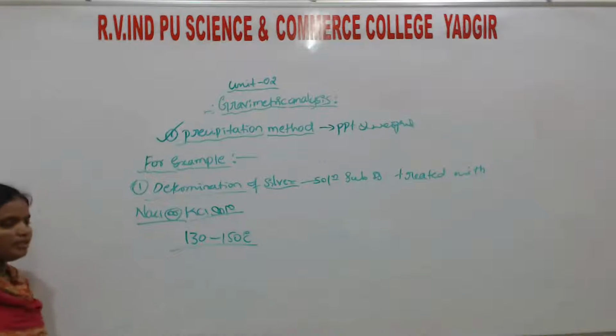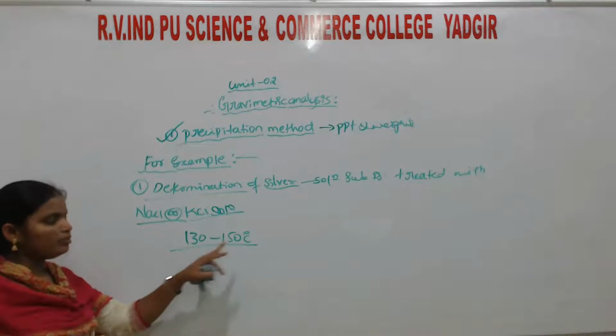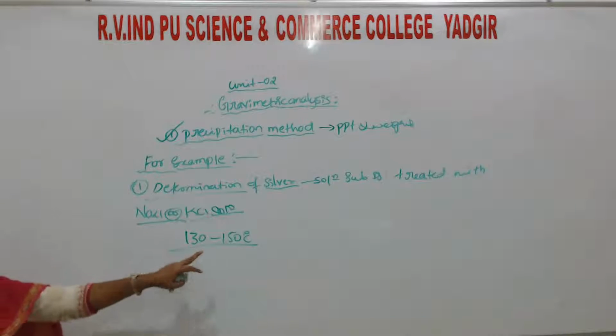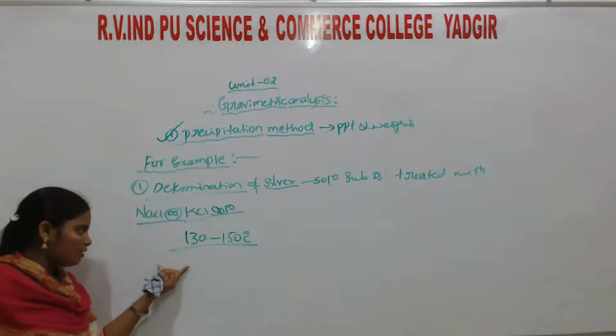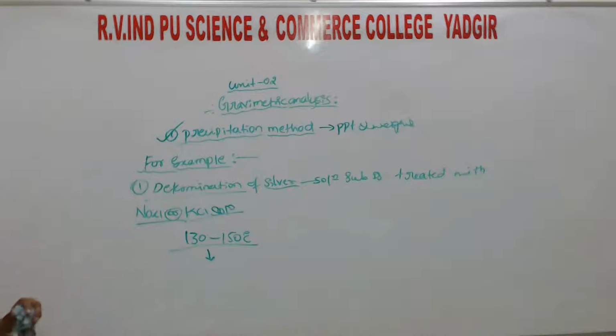When heated at 130 to 150 degrees Celsius, your precipitate is dried and weighed as silver chloride.